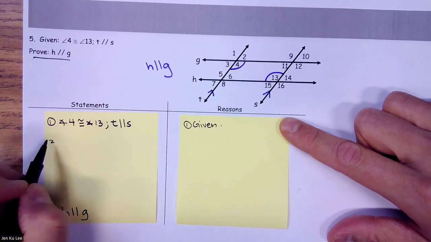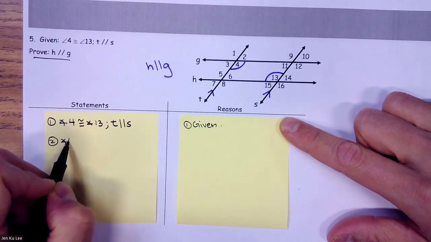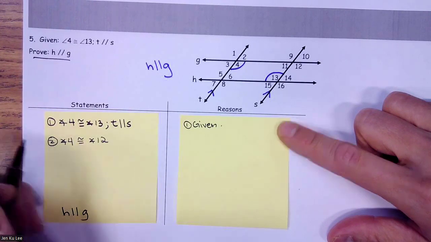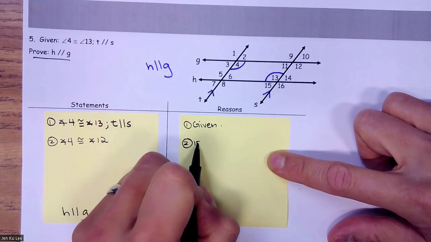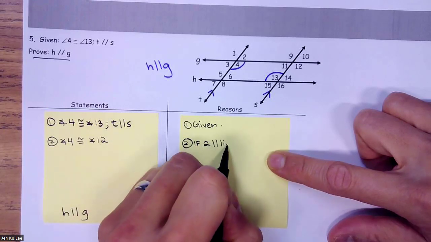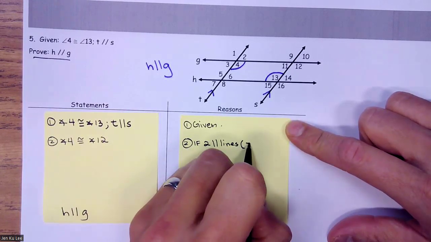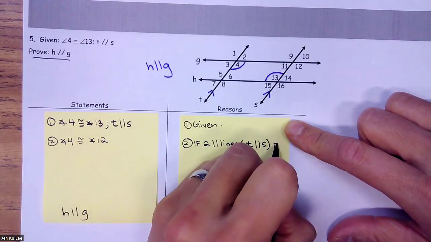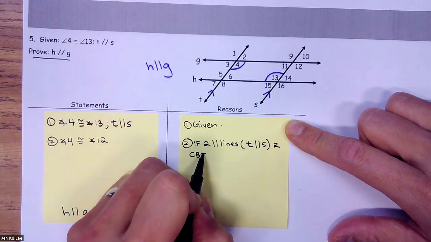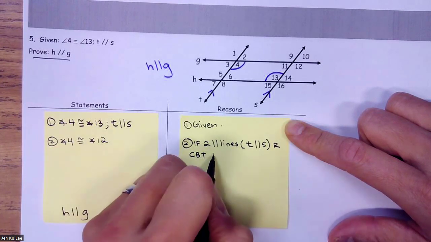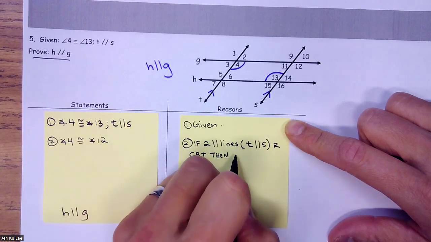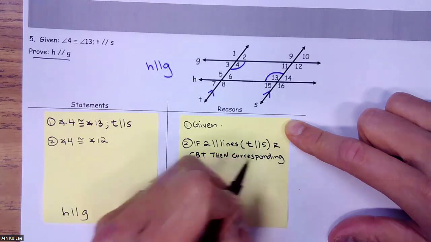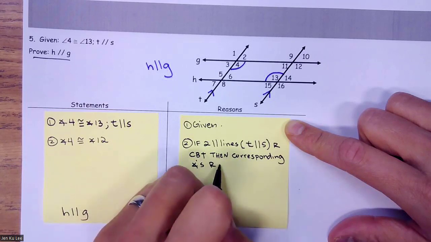So the second step, like I said, I can say angle 4 is congruent to angle 13 or 12 because if 2 parallel lines, I'm going to highlight what lines are parallel, T is parallel to S, cut by a transversal, then corresponding angles are congruent.